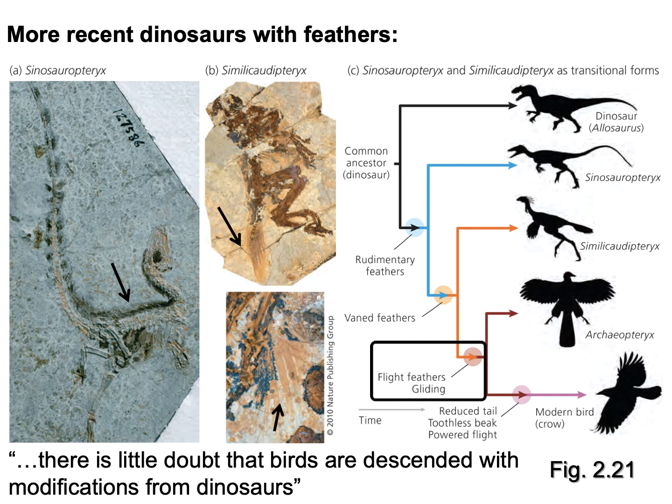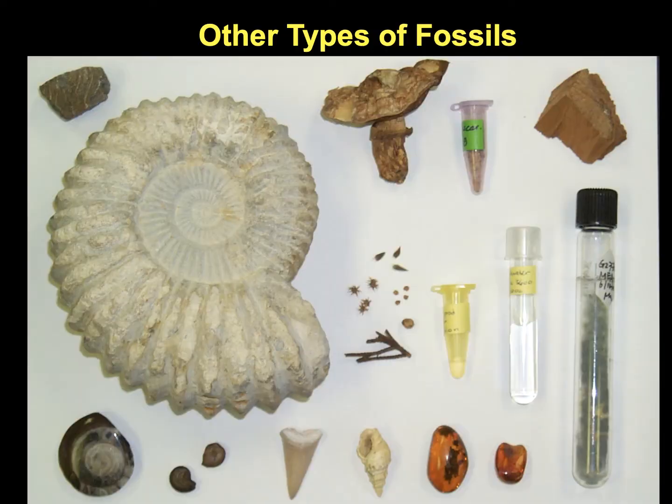And then finally, there were birds that had feathers for powered flight, and that's the modern birds. So Archaeopteryx could glide, but it wasn't really good at powered flight, hopping into the air and flying. I would like to point out that there are many other types of fossils.